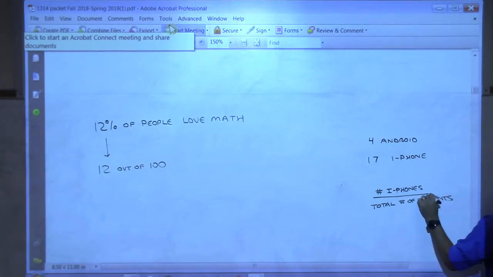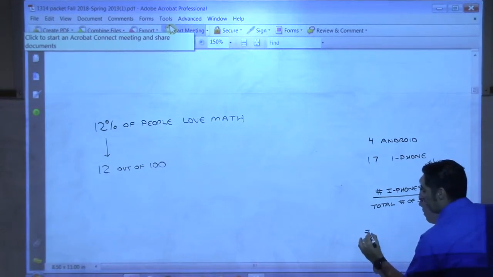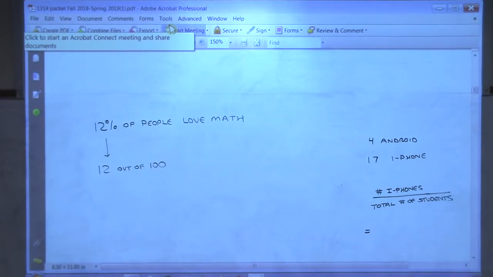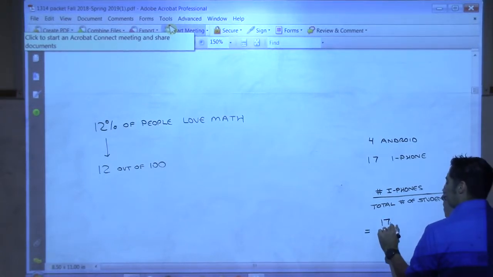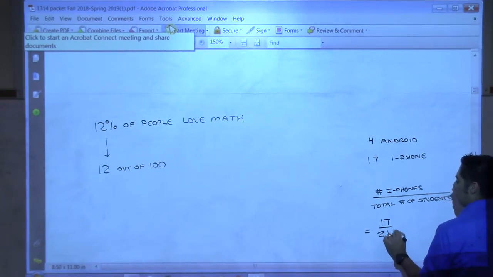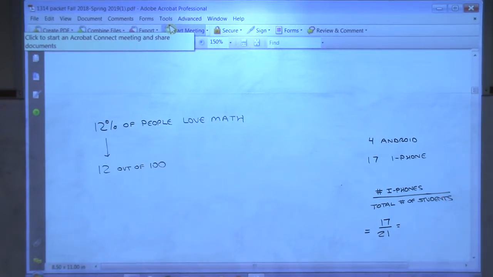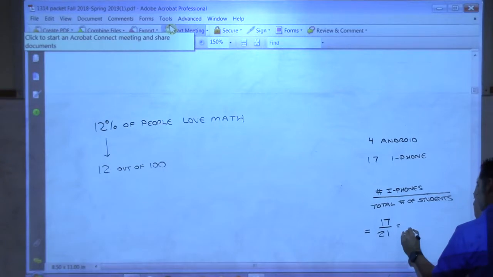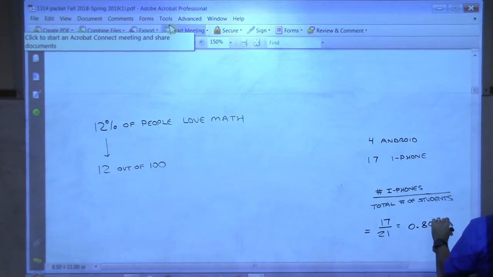And that will give us a decimal. So get your calculator out. iPhones is 17 divided by total number of students is 21. So 17 divided by 21 on your calculator, oops, I did 20, is, I'm getting 0.80952381. That's what my calculator is telling me.